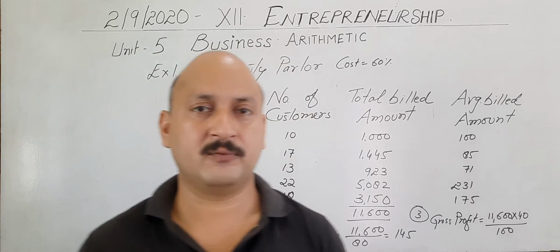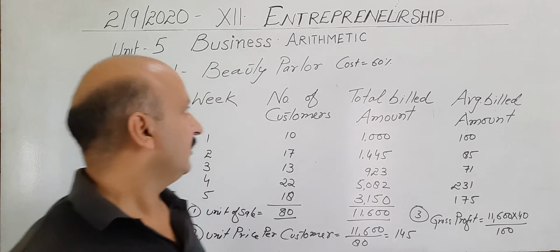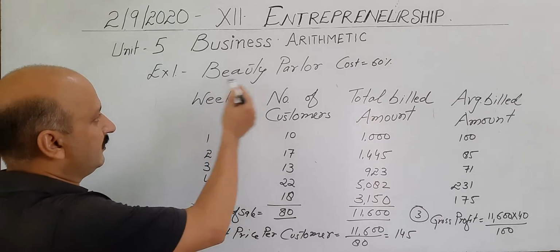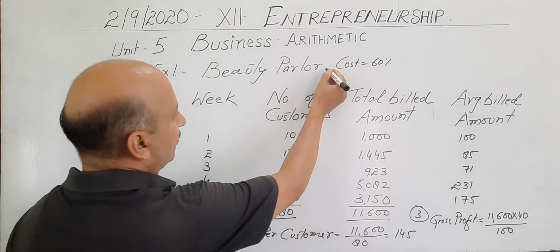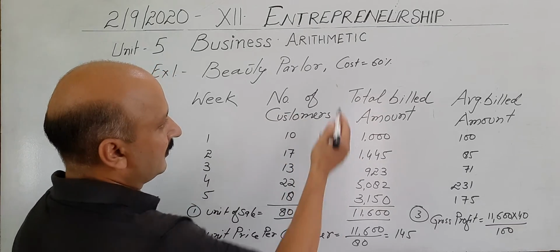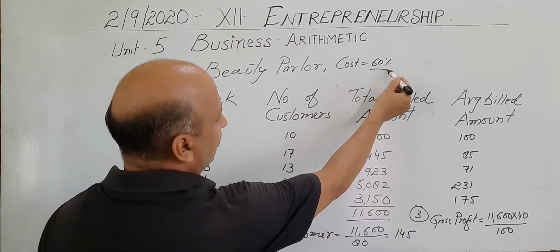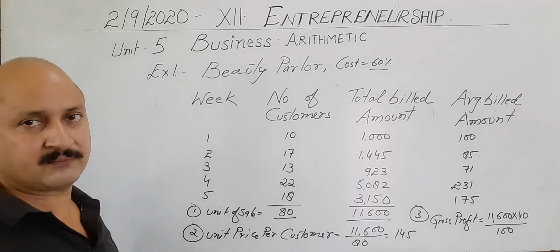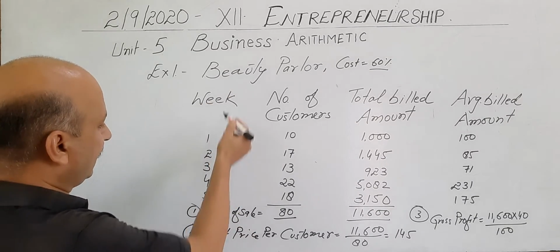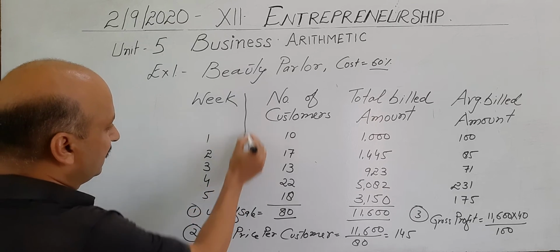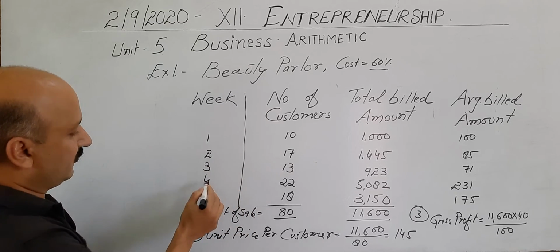Let's start with this example. Here we have taken a beauty parlor as a case where goods are sold at a cost price of 60%. In the first column we have weeks, week number 1, 2, 3, 4, 5.